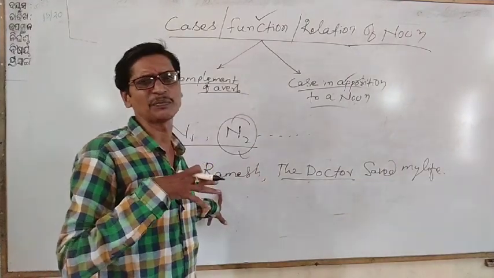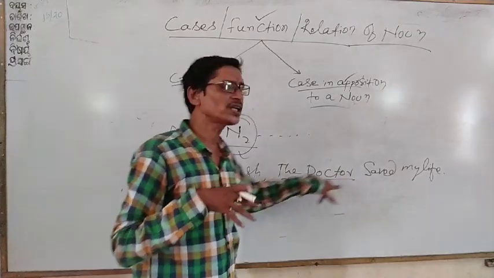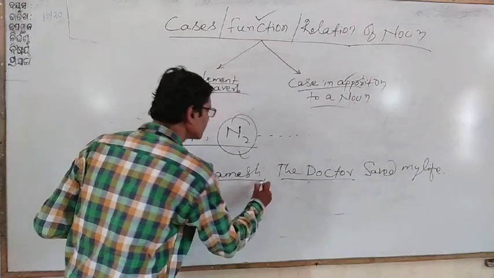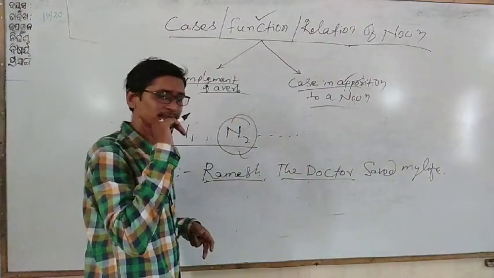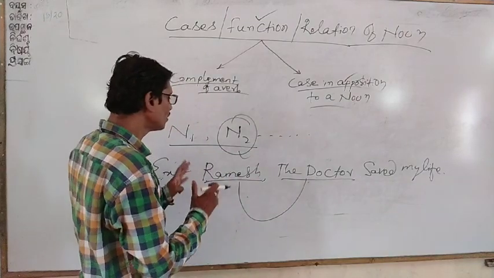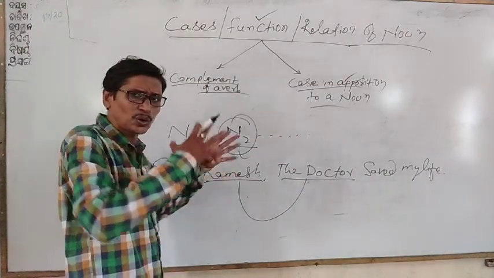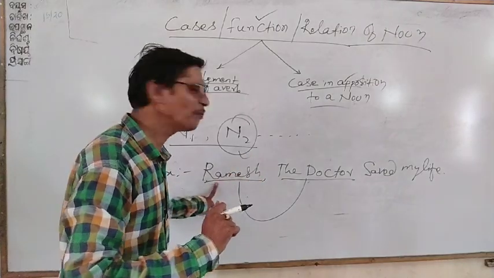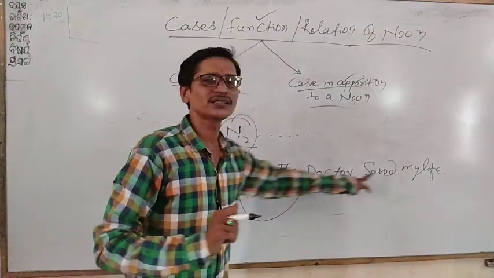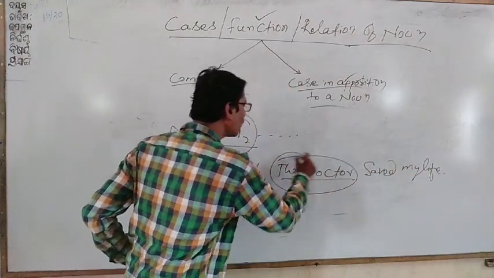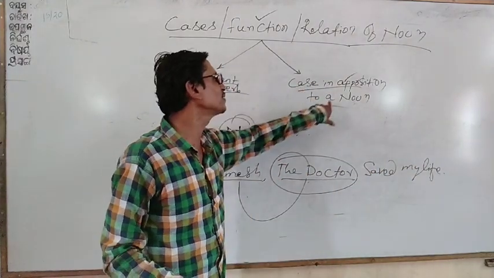Ramesh saved my life. The doctor saved my life. So here we are talking about Ramesh who is the doctor. The same person. So we have given two nouns for a single person. Ramesh, the doctor, saved my life. Okay, so here this doctor is functioning as the case in apposition to the noun.